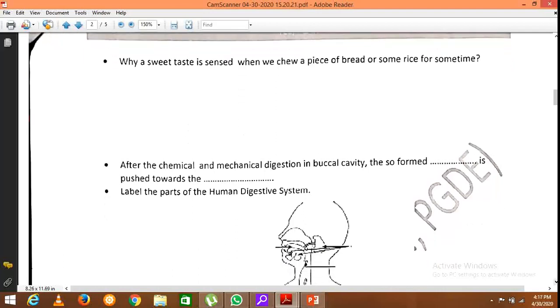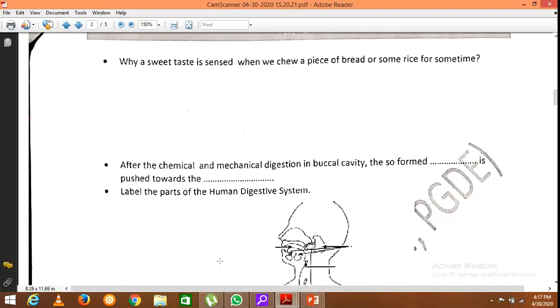So inside the mouth, the large particles are broken into small particles, and those particles are mixed with saliva and converted into a structure known as the bolus, and it is pushed towards the pharynx with the help of the tongue.